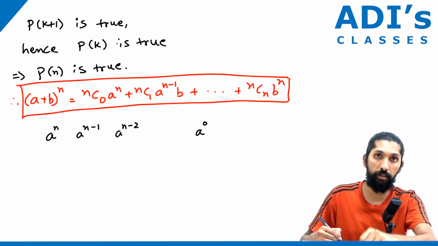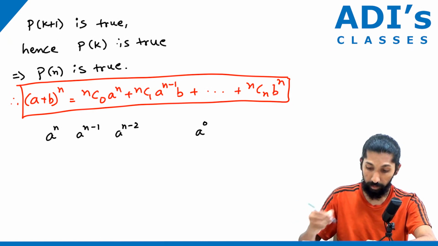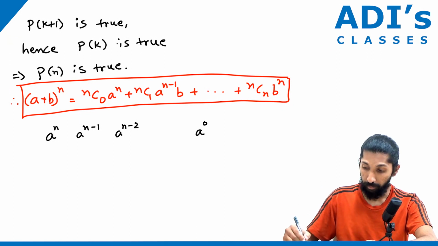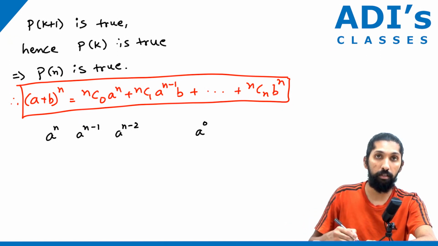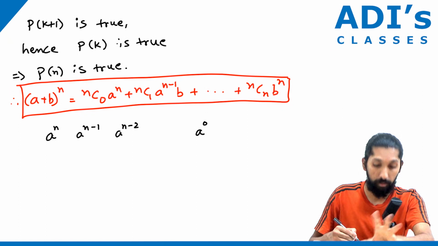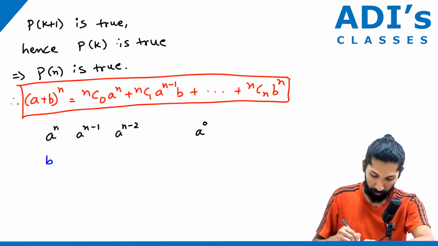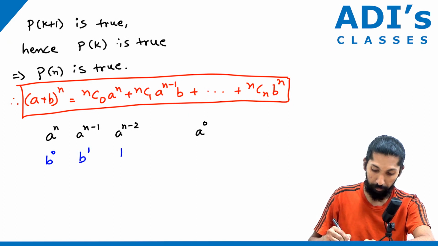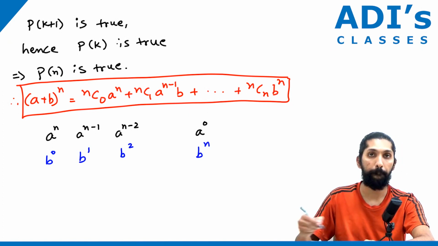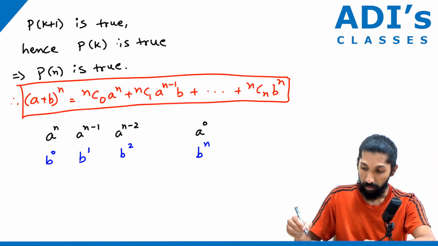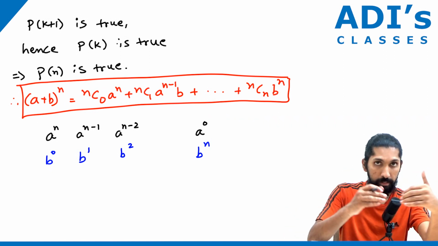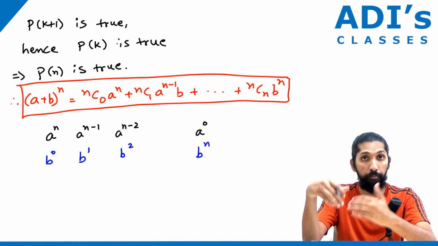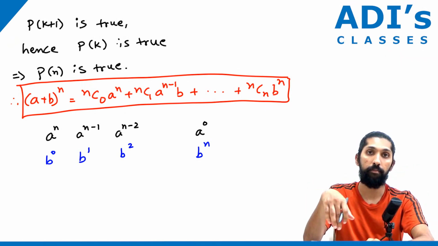A power 0 is 1, right? But look at the value for b. The first term has no b, that means you can write b power 0. The next one, b power 1, b power 2, and so on and so forth till b to the power of n. Correct? So the value of a is decreasing and the value of b is increasing.